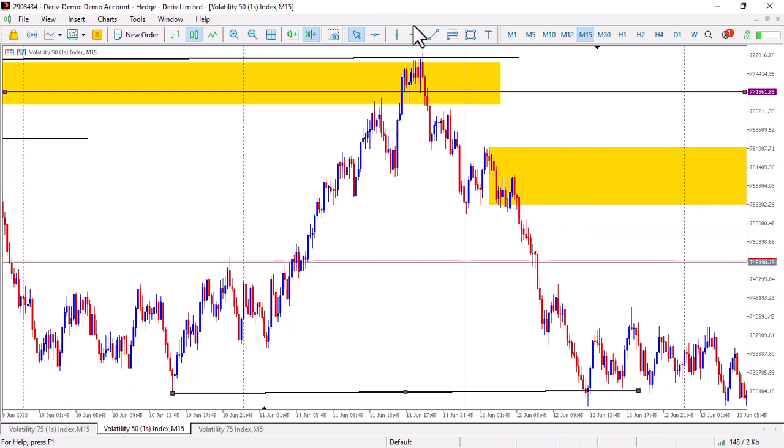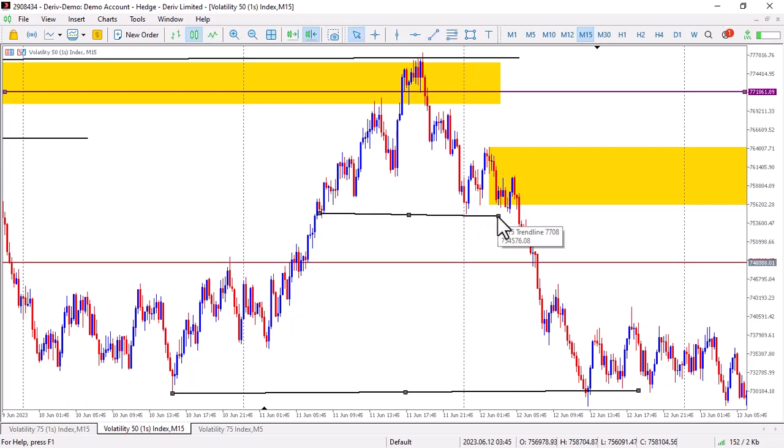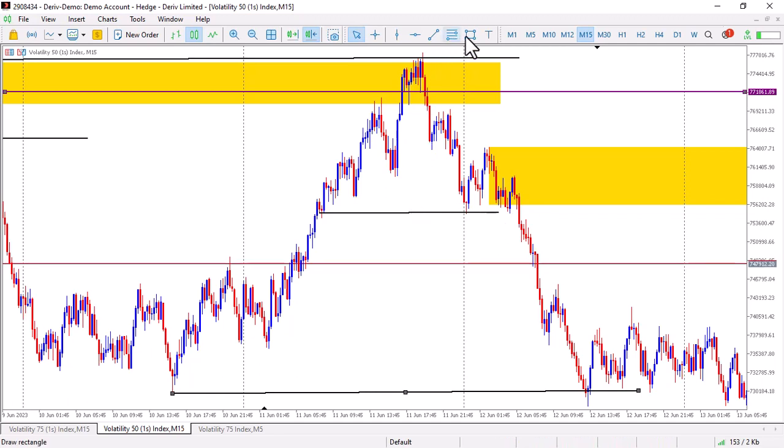Number one, you're going to identify equal lows like this. If you are going for a sell, identify equal lows like this, right? We have an equal low that you can clearly see here, and you identify order blocks. So we have this order block that is the one sticking out.